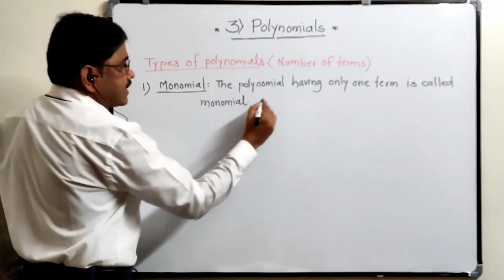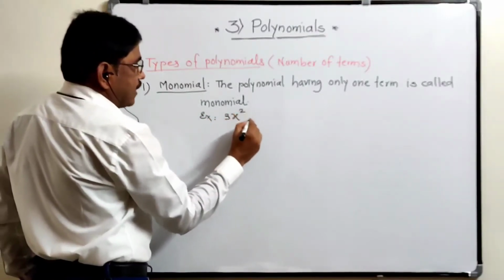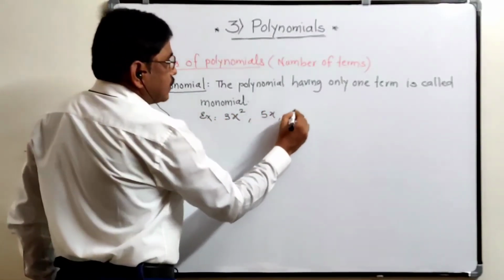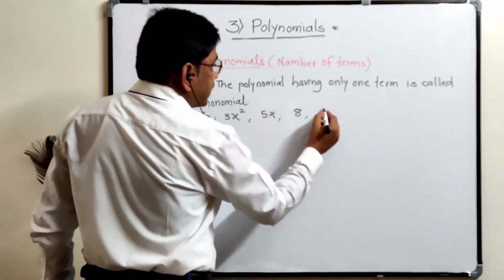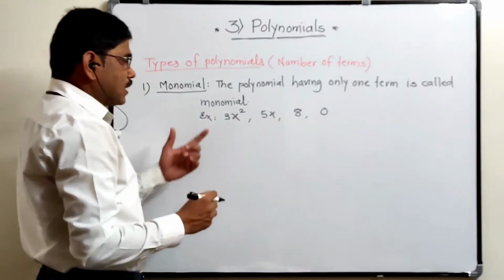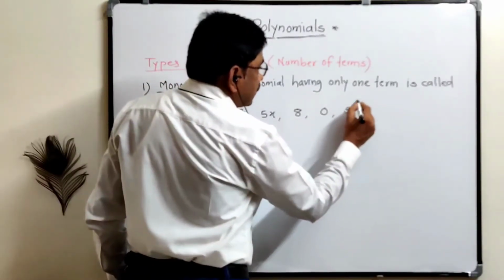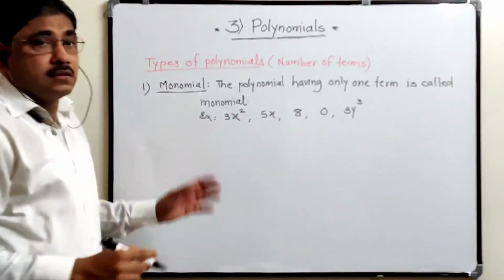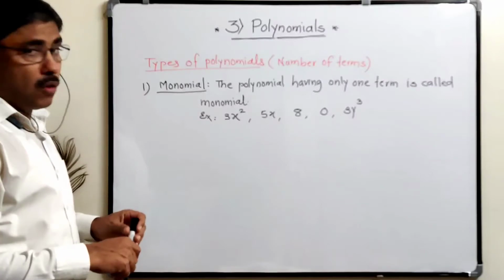So here some examples are there. Examples: this 3x square, 5x, this 8. These are the examples of the polynomials. Single term means only one term is there. This 3y cube, all are single term, means these are called monomials.